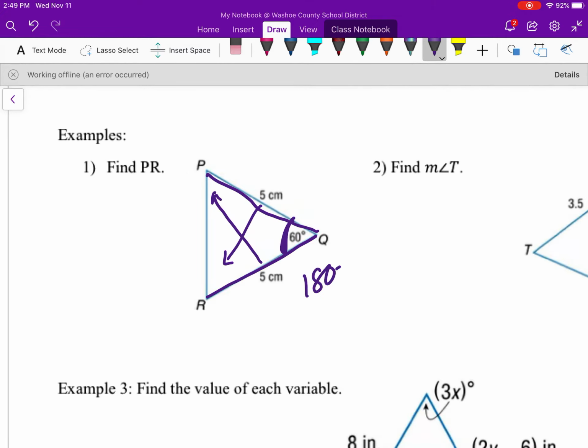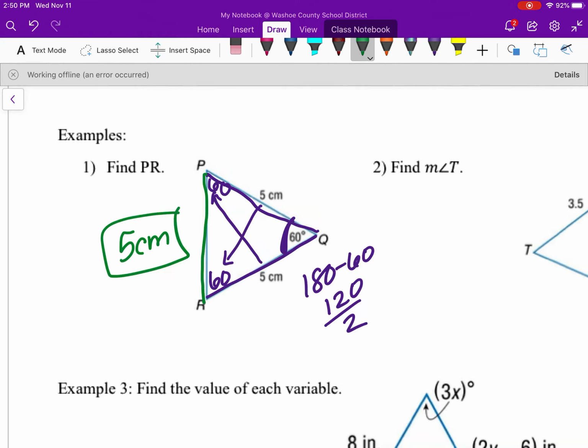This is already taken, so I already have 180 degrees minus the 60 that's already taken. That gives me 120. When I divide that into 2, that means each of my angles is 60 and 60. So if all angles are congruent, that transitions into all sides being congruent. So PR also comes out to 5 centimeters because all angles are 60 degrees in this case.